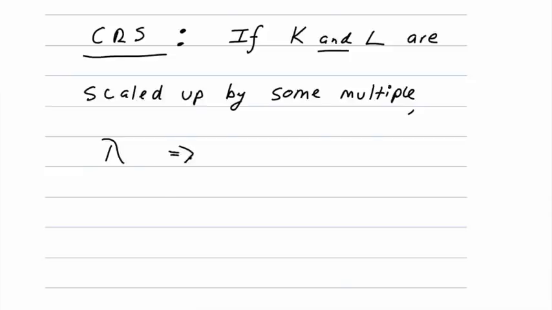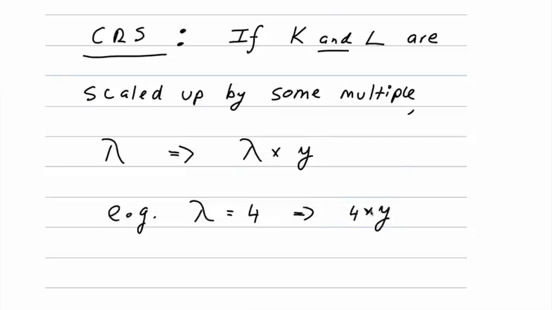The implication of that is we will get exactly lambda times the output. For example, lambda equals 4. You're going to get 4 times the output after we've quadrupled the amount of capital and the amount of labour.